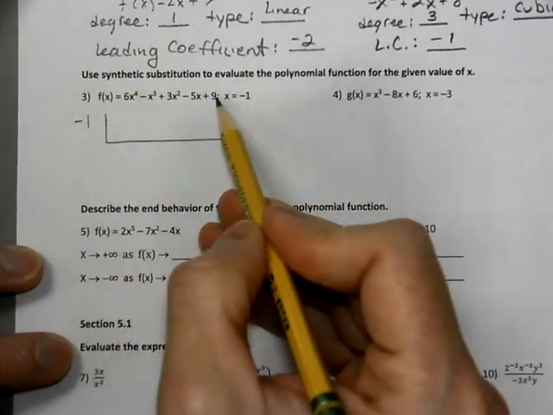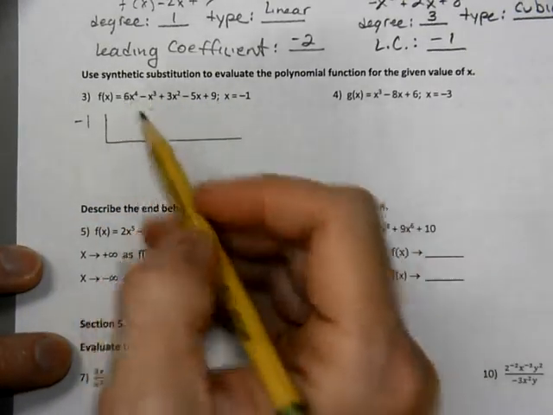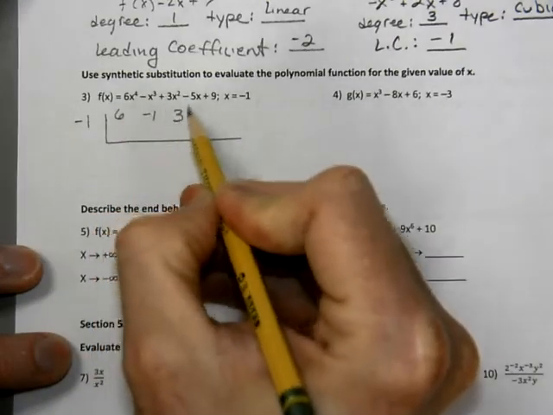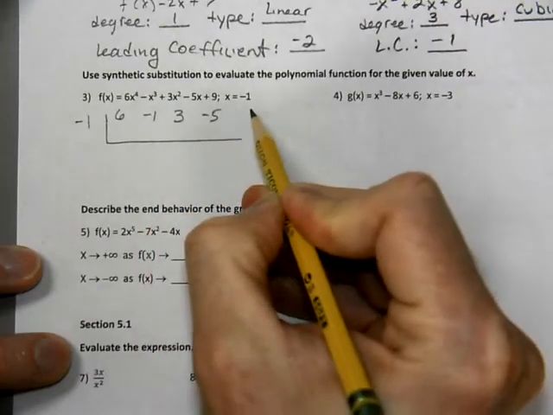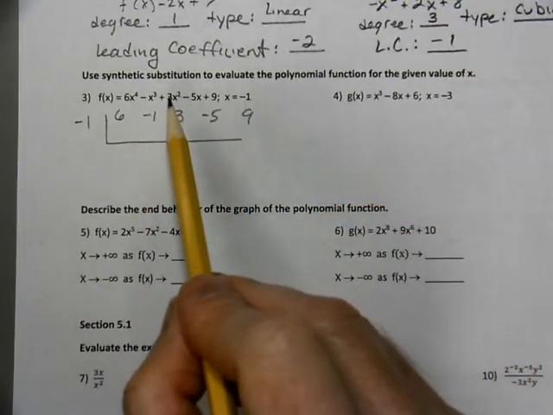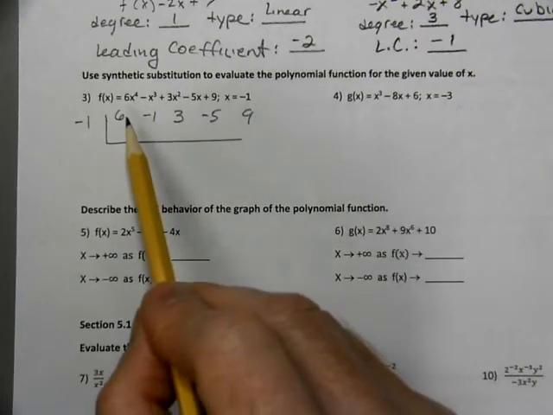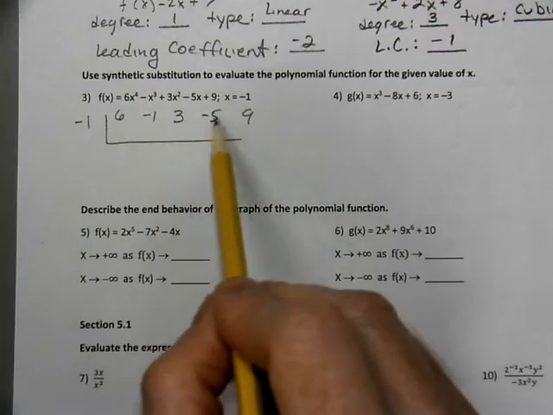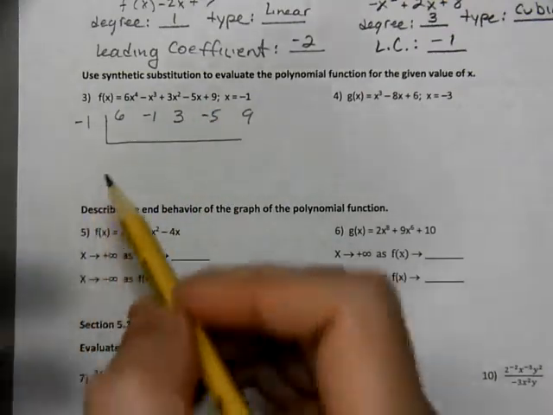We take all of our coefficients. So we have 6, negative 1, 3, negative 5, and 9. We have to be sure to represent every one of those. If one of the exponents is missing, then it has to be a 0 at that spot.